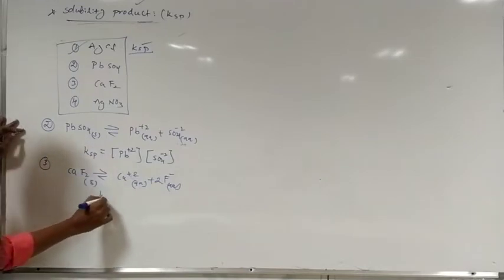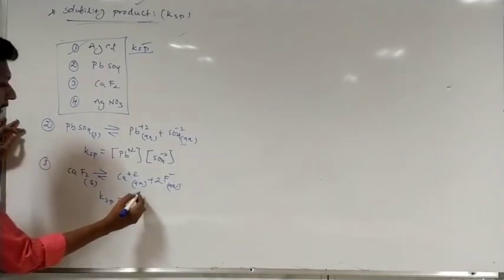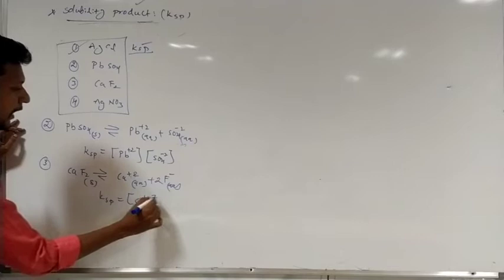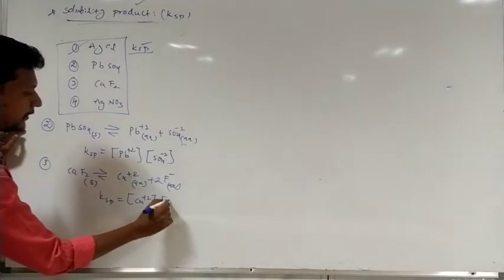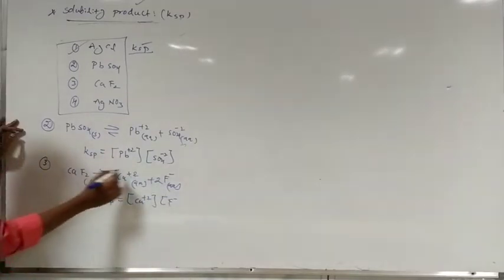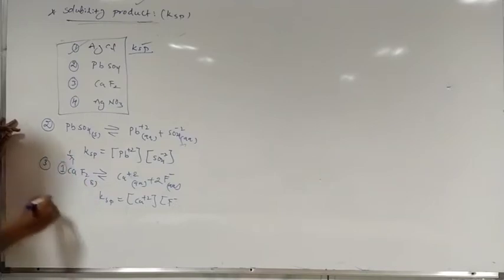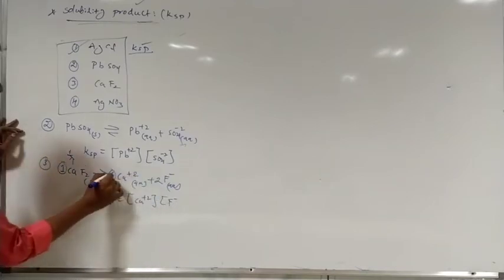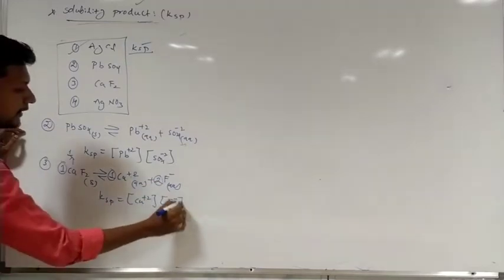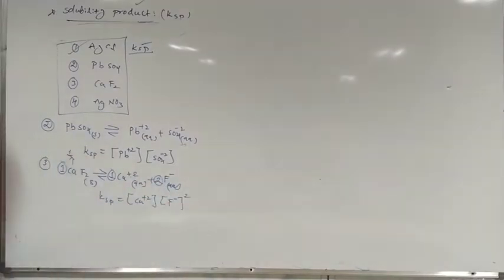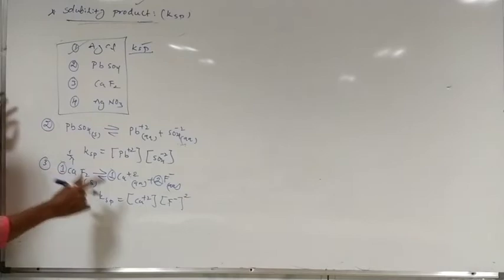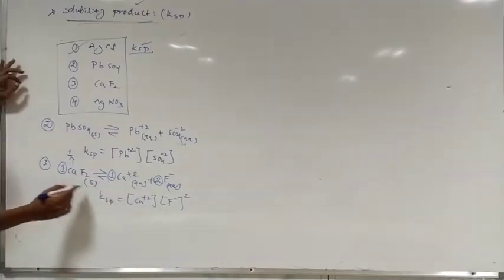Ksp is equal to the concentration of Ca2+ to the power 1, times the concentration of F- to the power 2, the stoichiometric coefficient. This is the Ksp for this one.